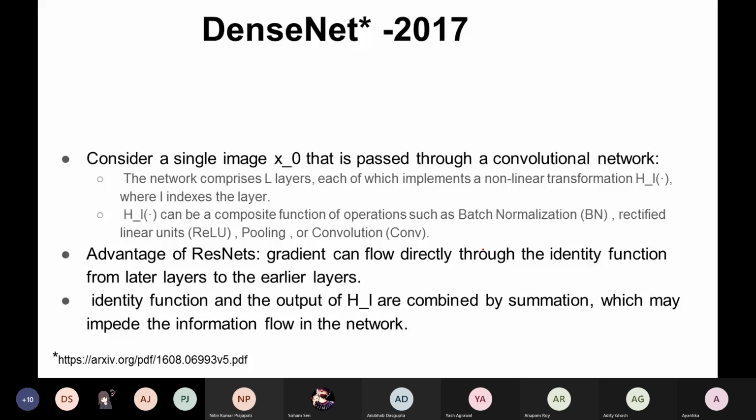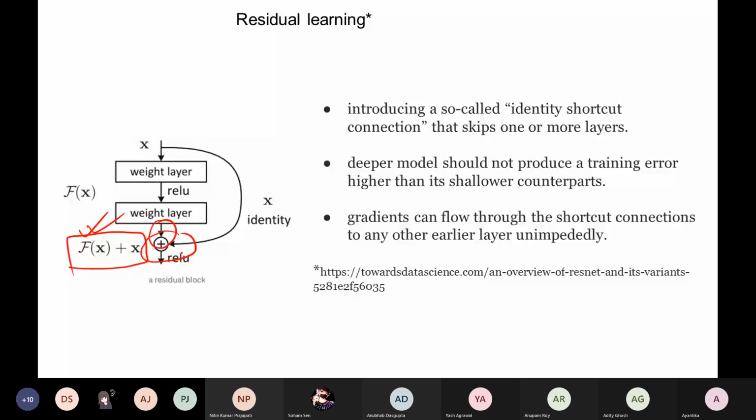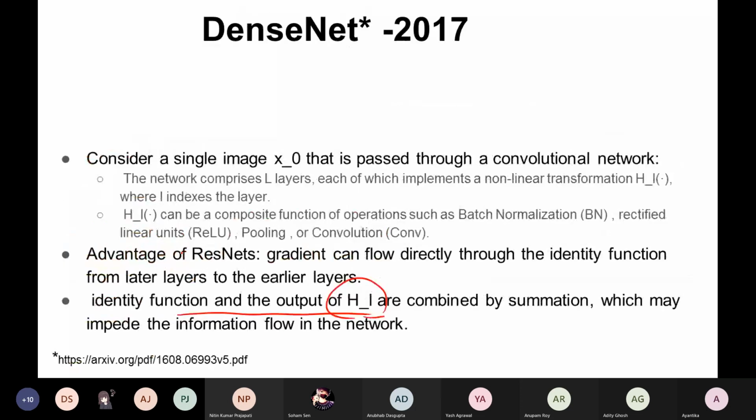We are concatenating, as you mentioned, the identity function and the output. You can go back and check again. Our output coming from some layer and the identity function, we combine by summation. That may impede information flow in the network in some cases.